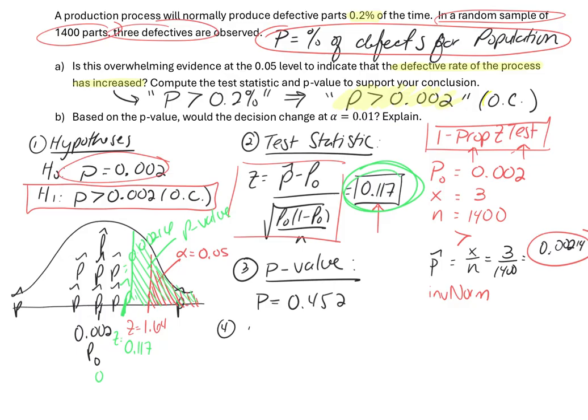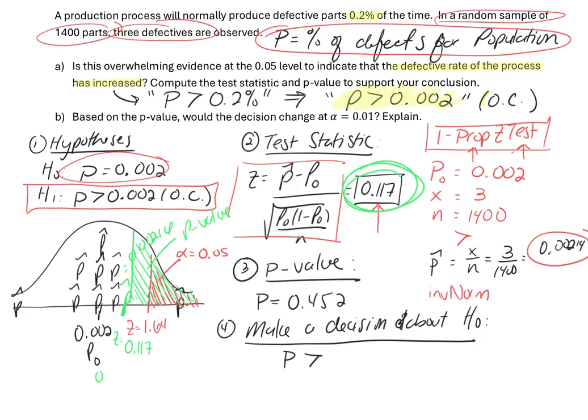So in step 4, when we make a conclusion or make a decision about the null hypothesis claim, we can see here that our p-value is much greater than our significance level. So we can say, since our p-value is greater than our significance level, and then write that down, 0.452 is greater than 0.05.